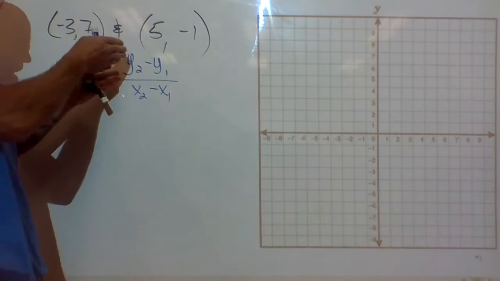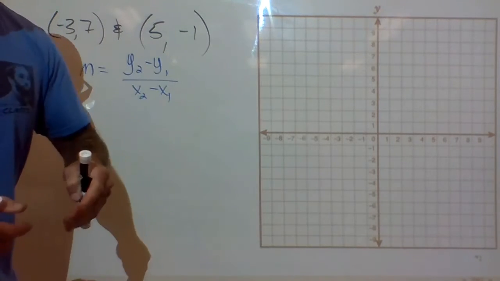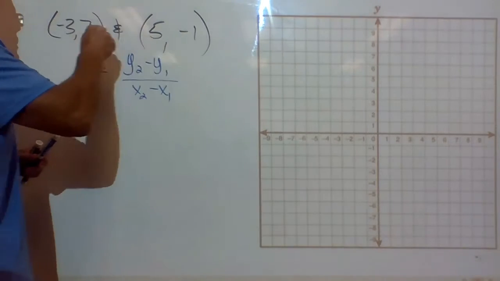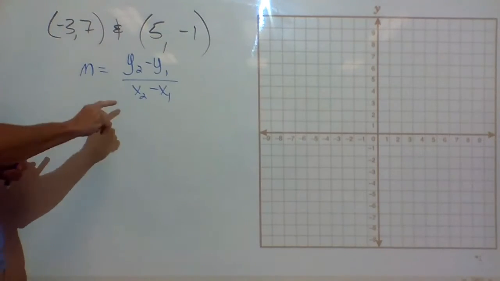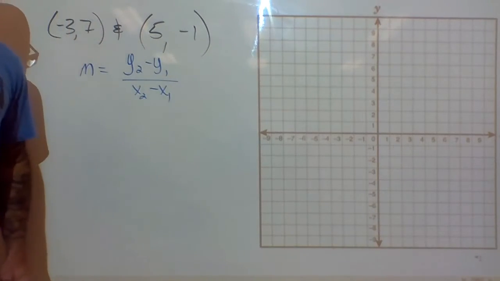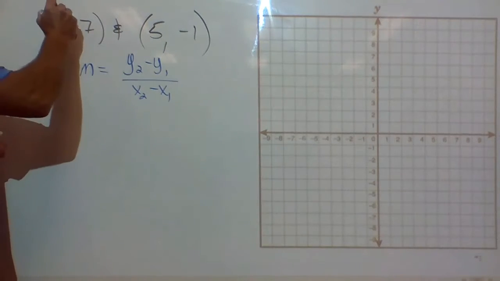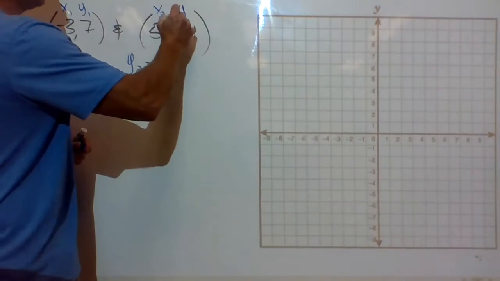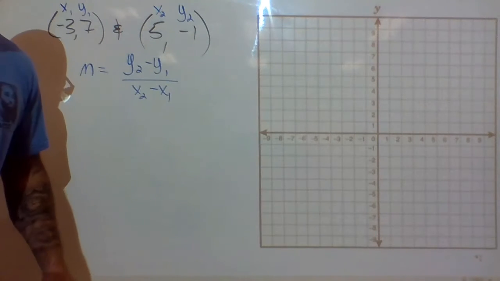The only reason we have a y labeled as 2 and a y labeled as 1 is because if you're working with 2 points, you have 2 y coordinates. You also have 2 x coordinates, which is why you have a sub 2 and a sub 1. So all you have to do is label one of those coordinates x sub 1, y sub 1, and the other one x sub 2, y sub 2, and plug in and solve.